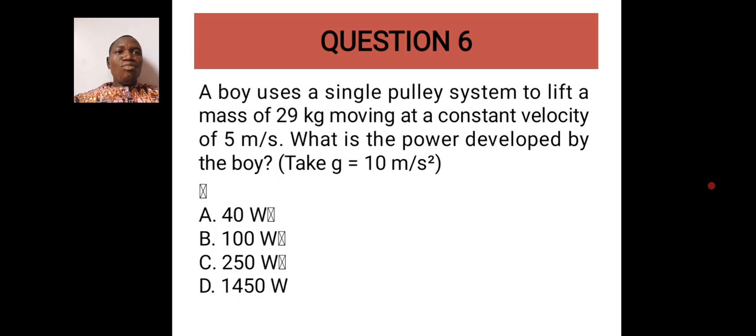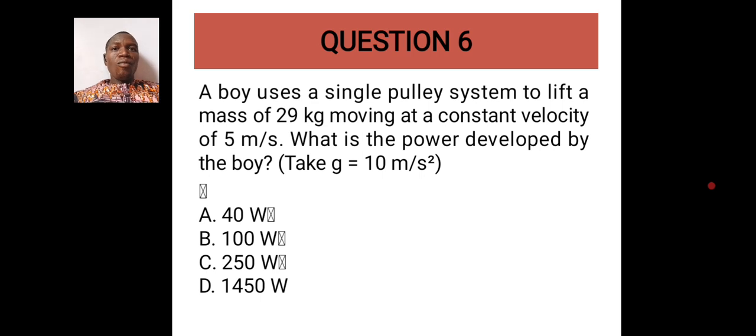Question 6 says a boy uses a single pulley system to lift a mass of 29 kilograms moving at a constant velocity of 5 meters per second. What is the power developed by the boy? So this question is very simple. They are asking you about power. And power, if you remember, is force times velocity. So you are not given force here directly, but you are given velocity and you are given mass.